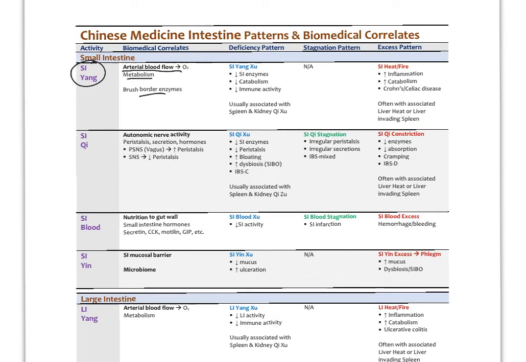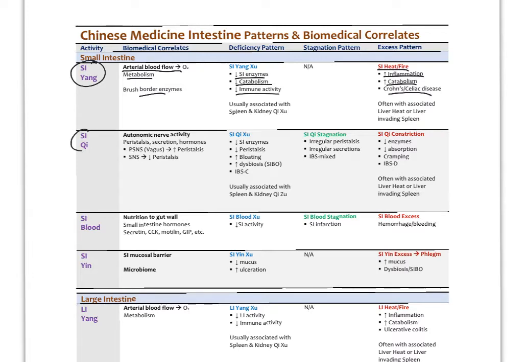So small intestine yang deficiency would be lack of those brush border enzymes, decreased catabolic activity, and maybe decreased immune activity. Versus a small intestine heat or fire picture would be more inflammation, increased catabolism, and we might see that in Crohn's or celiac disease, where we get actual loss of mucosa and malabsorption.